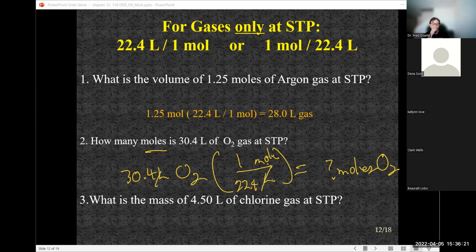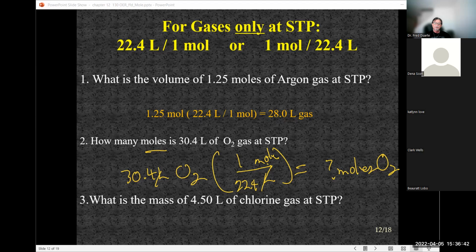And so if you have 30.4, again, look at your answer. It should be slightly above 1, right? Because 22.4 is 1 mole, and you're only about 8 more units away to get to 30.